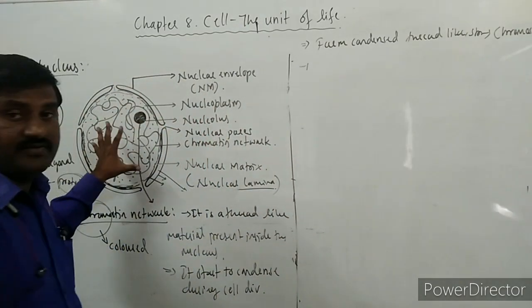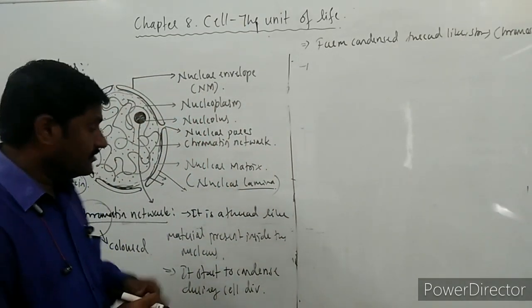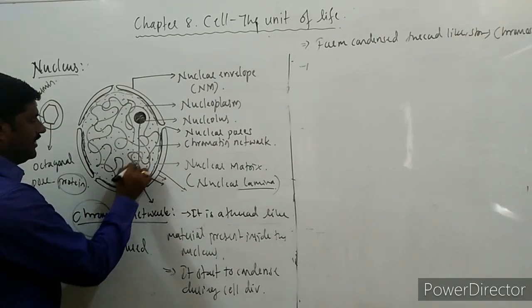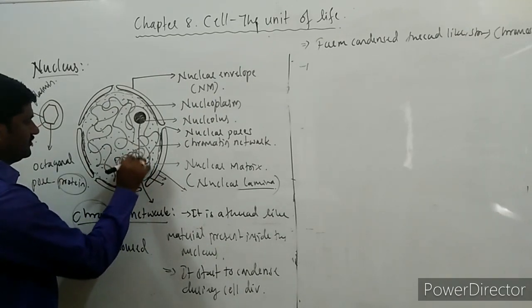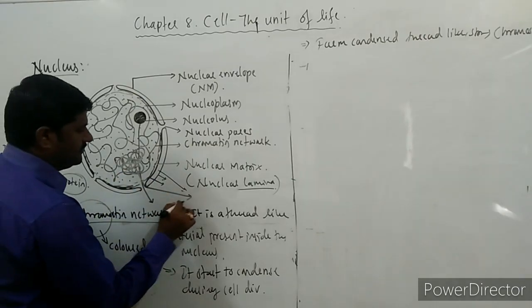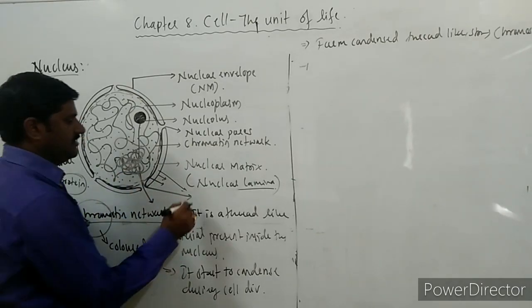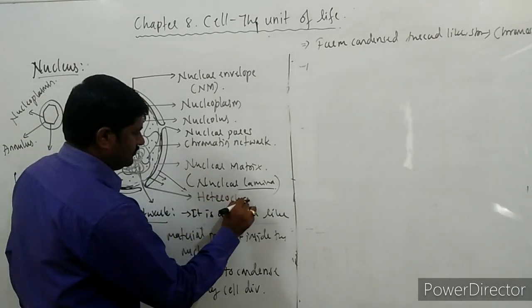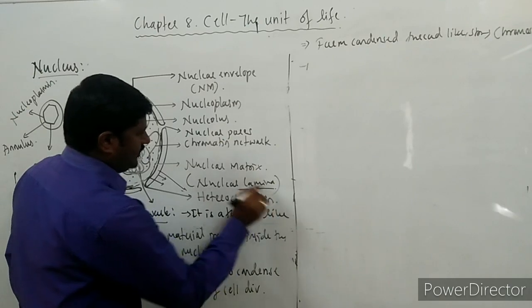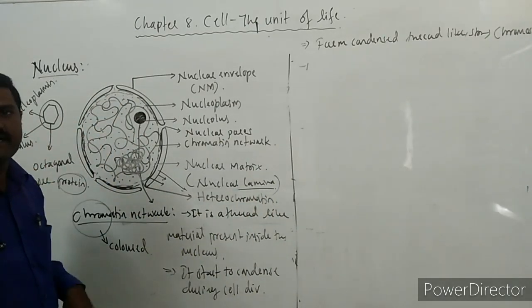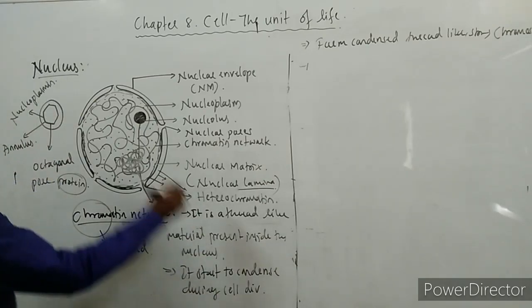So we are studying the chromatin network here. Sometimes this chromatin network becomes highly condensed in some regions, and this highly condensed structure of the chromatin network is called heterochromatin. Sometimes it is loosely arranged, and that is called euchromatin.